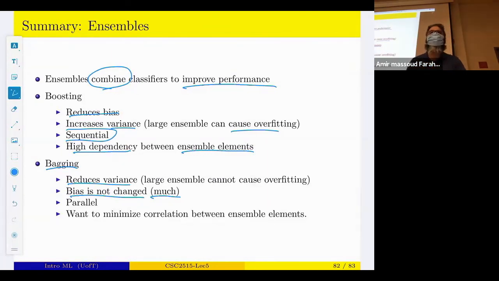But it's usually not changed much. It can be done in parallel. We draw samples from our data set, and then we train each classifier, classify separately, and then combine them. The goal is to have a small correlation between the elements of the ensemble.